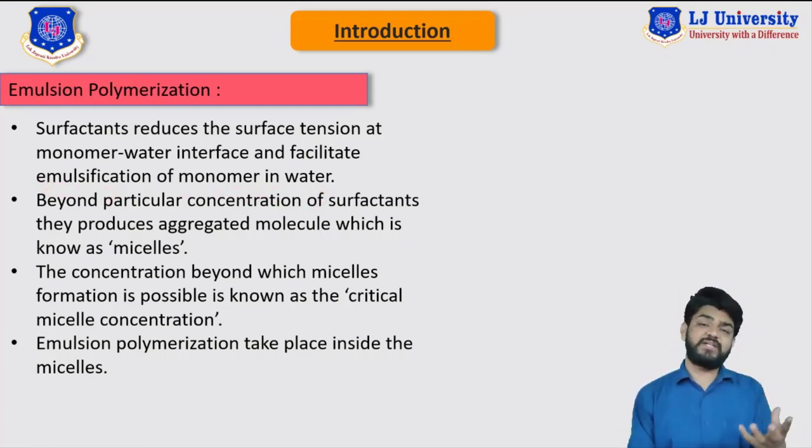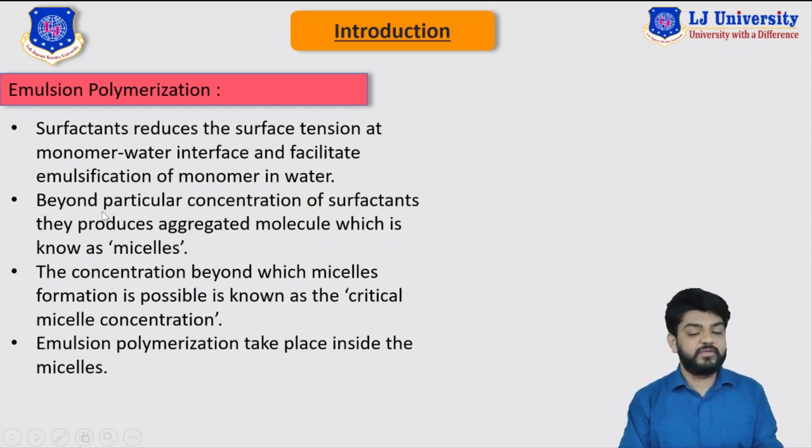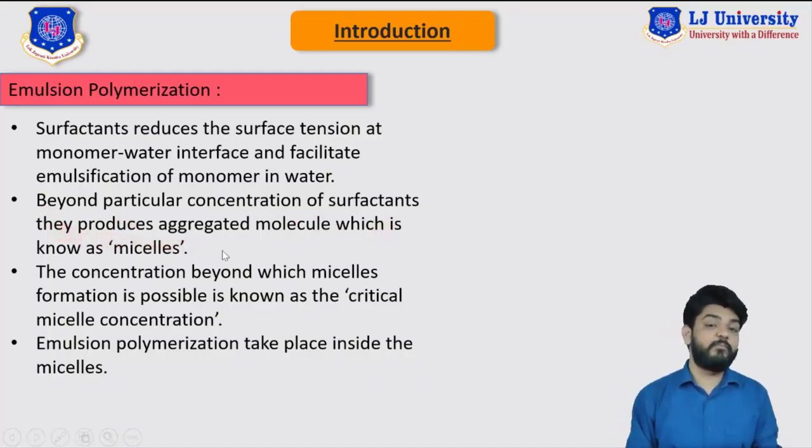So these surfactants serve two purposes: one, to reduce the surface tension, and another, to emulsify our monomer inside the water. Now you can see here, beyond a particular concentration of the surfactant, the surfactant produces aggregated molecules which are referred to as the micelles.